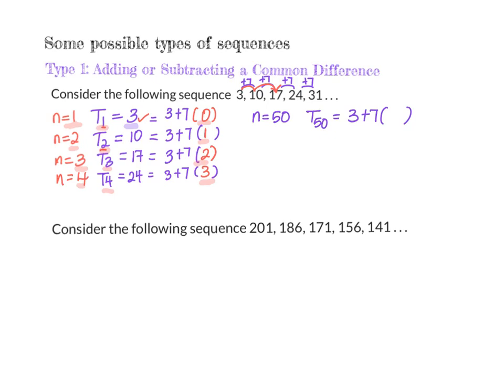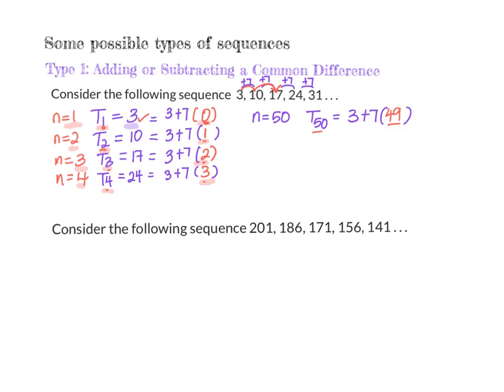Well, I got 0. I added 0 when it's one term. I added 1 when it's the second term. I added 2 when it's the third term. I added 3 when it's the fourth term. So now what should I add in order to get the 50th term? Well, the answer is 49.